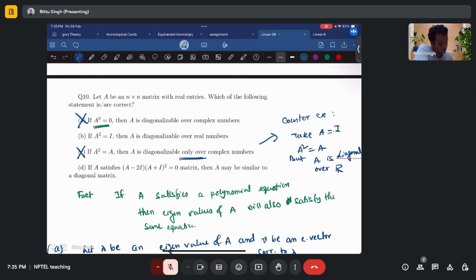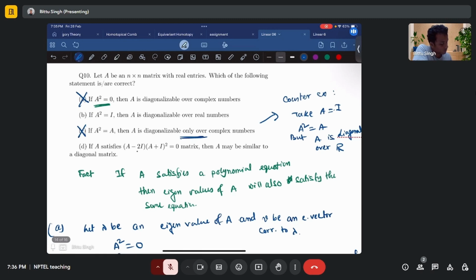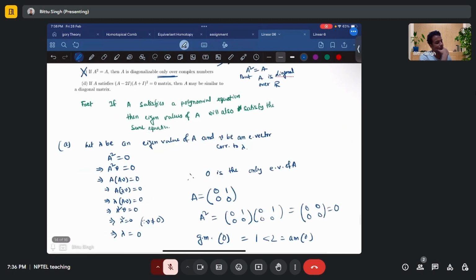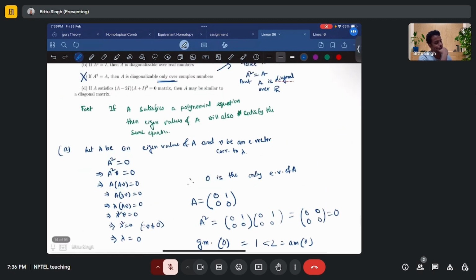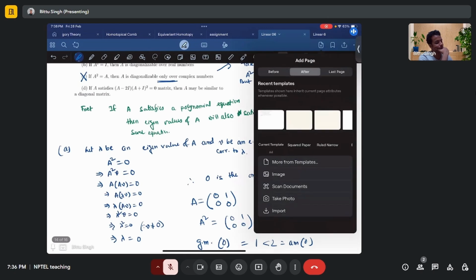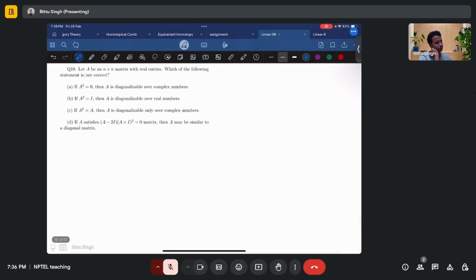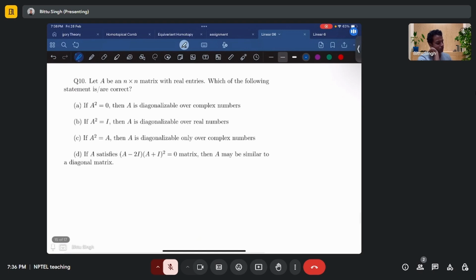Now the option D: (A minus 2I)(A plus I)² is 0. Then A may be similar to a diagonal matrix.